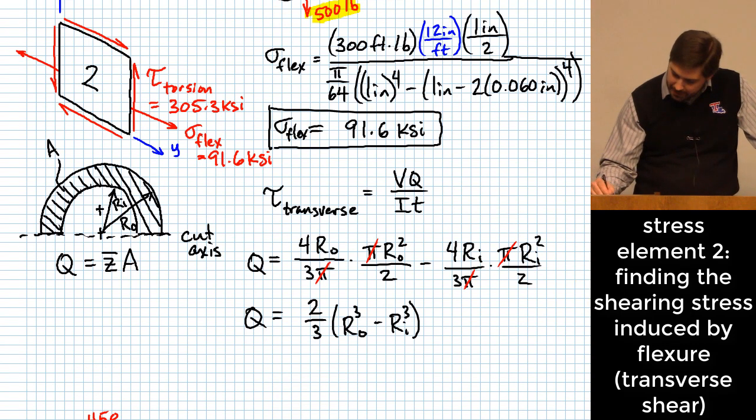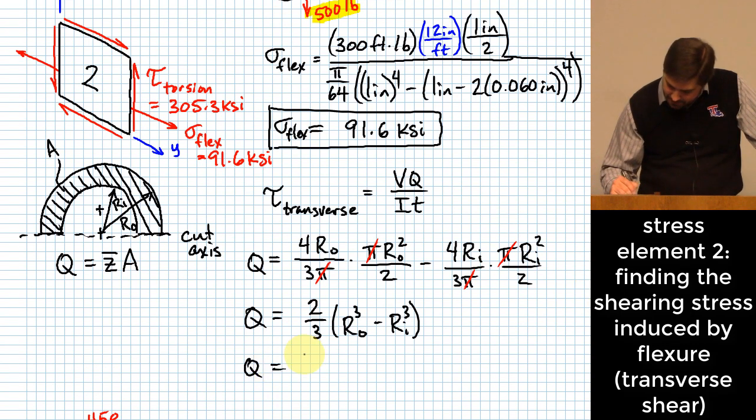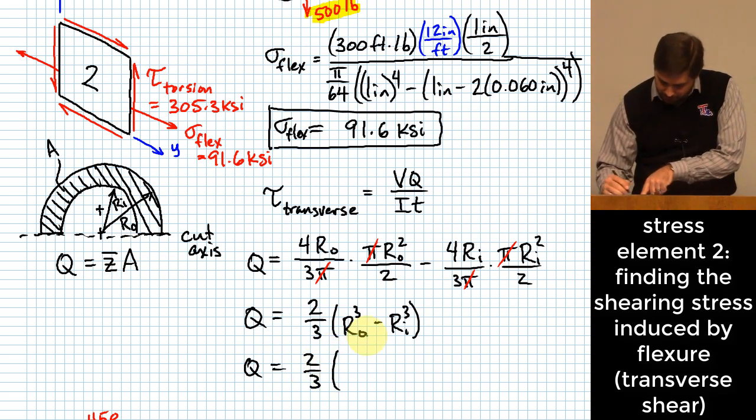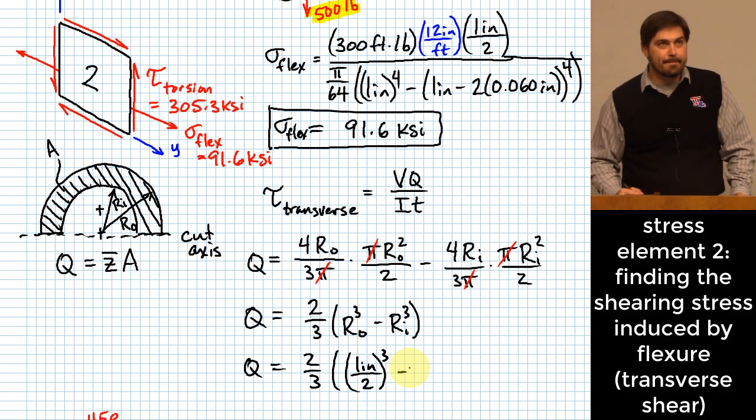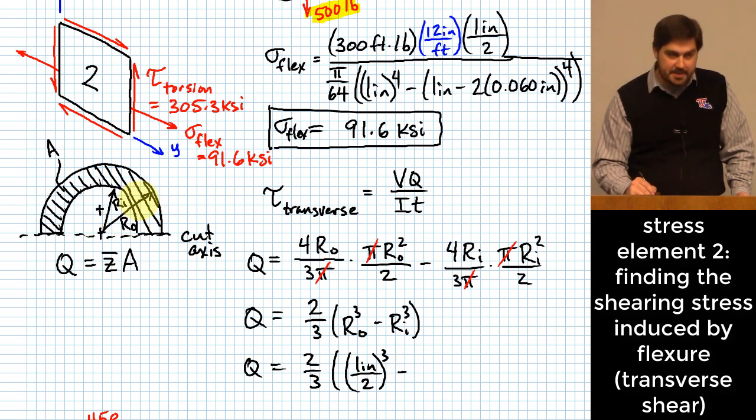So the Q that we have for our particular case is 2/3 of, okay, RO is just 1/2 inch. And RI is what? Okay, it'll basically be 1/2 inch minus 60 thousandths, right?